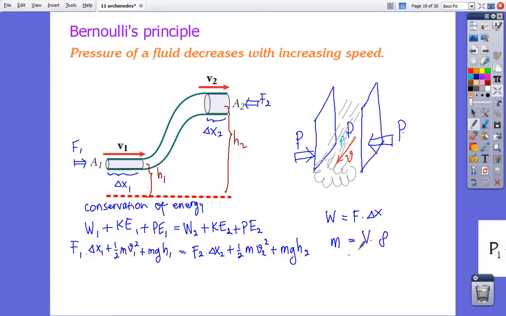and we can also substitute force with area times pressure, or vice versa.